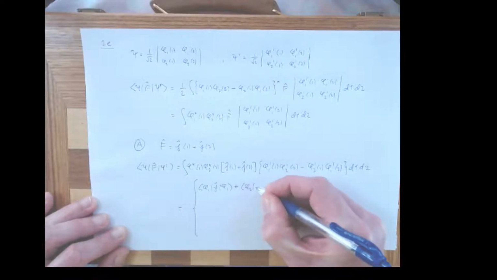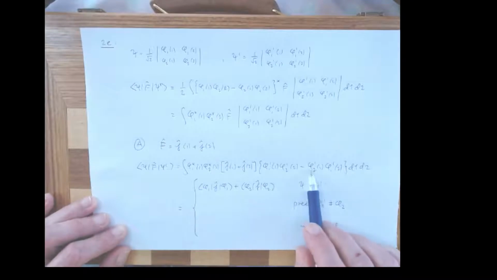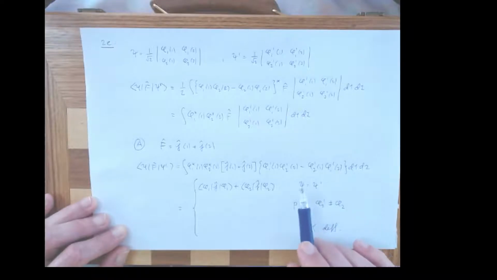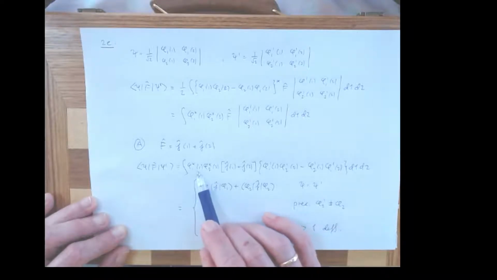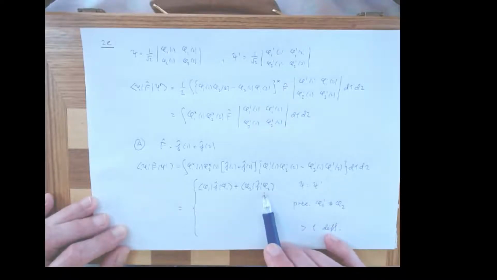I get 2 F2, and then there's the final term resulting from this one over here, which again will be 0 because in this case I have phi 1 times phi 2 integrated over electron 1, and that gives me 0. So that's what I get in this case.